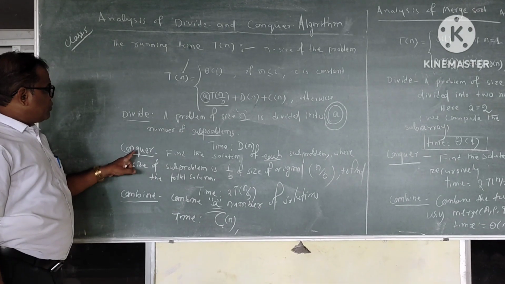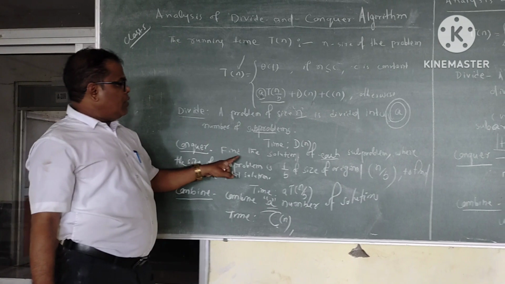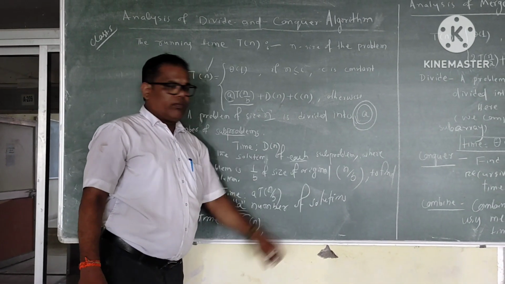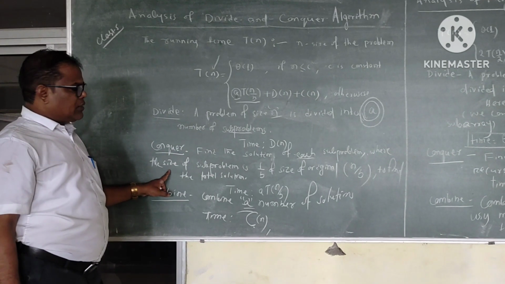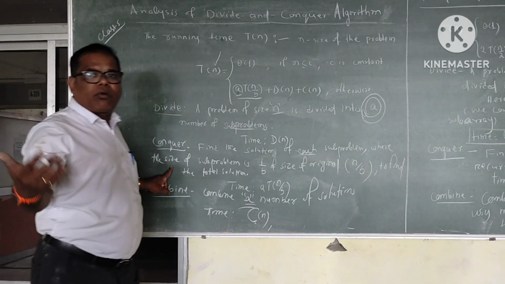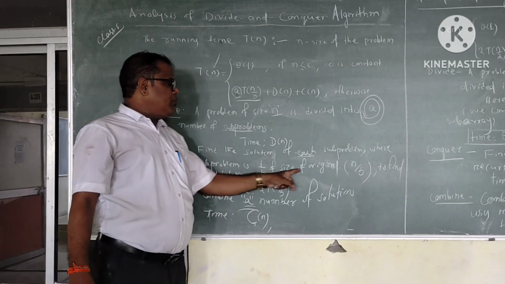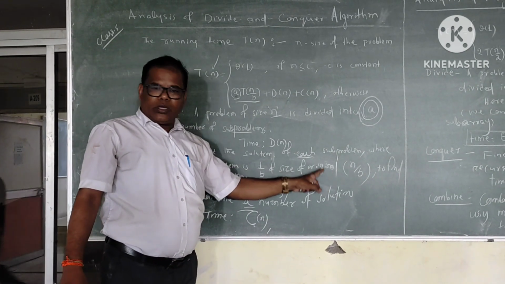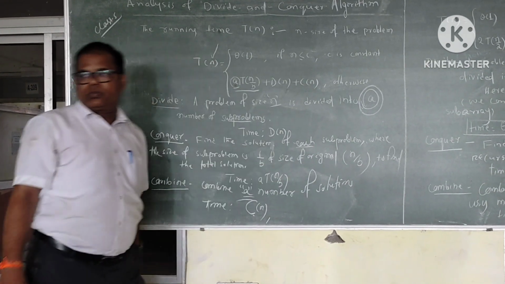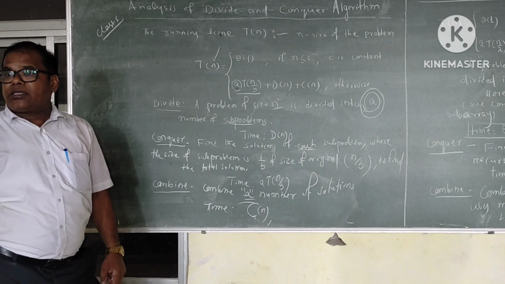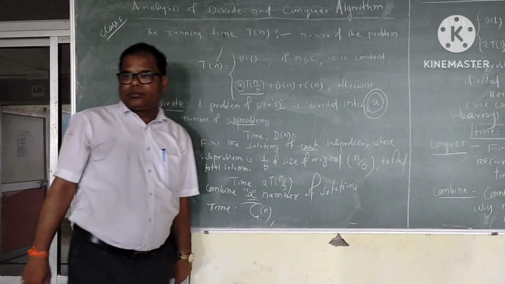Now coming to the solution of the problem: we find the solution of each subproblem, where the size of each subproblem is 1 by b of the original size. If the original size is n, then the subproblem size is n by b, and a is the number of subproblems.